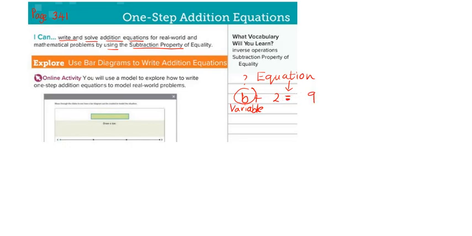Logically, or in your mind, you can solve this because you know that 7 plus 2 equals 9. So the number is 7. But if the number gets very large, then you may need to use the subtraction property. What the subtraction property means is that whenever we have addition in the equation, we use the opposite operation.